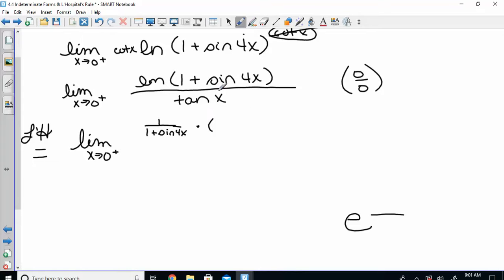So derivative of 1 is 0, derivative of sine is cosine 4x, times derivative of 4x is 4, over derivative of tangent is secant squared x.